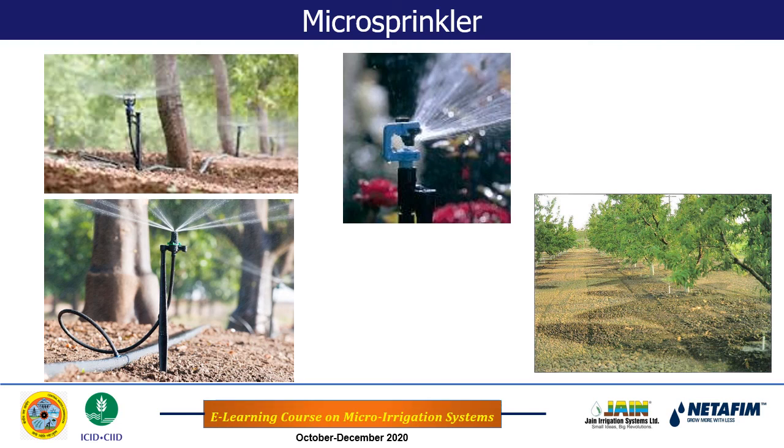Only instead of an emitter, there is a micro sprinkler. It will also throw the water in the form of rainfall, but at a lower height as shown in the figure. When we use it for under-tree, there is no criterion of overlapping or other things. Depending on the canopy area to be irrigated, we have to choose the micro sprinkler and also maintain the pressure.